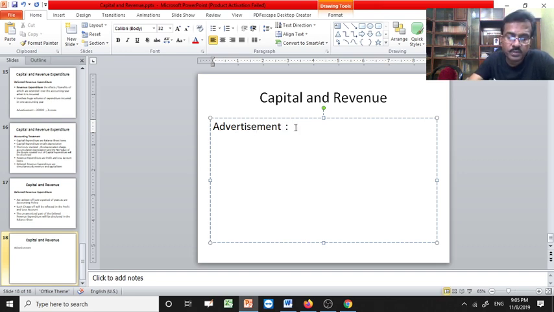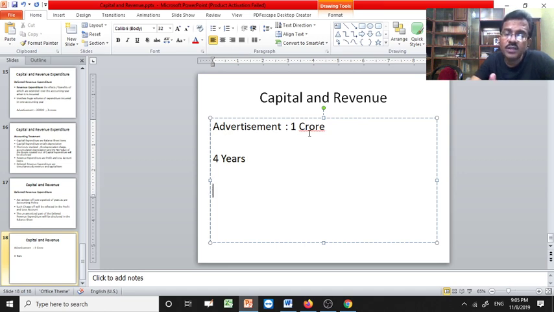You incur an expenditure of say 1 crore. Now, the marketing team feels that the effect of this 1 crore of advertisement is going to last for at least 4 years.